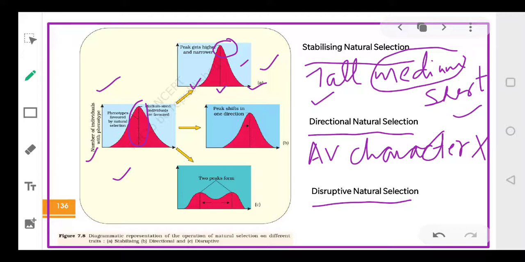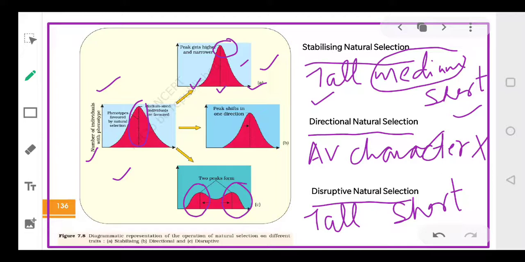Third is disruptive natural selection. In disruptive natural selection, both of your extreme conditions will be favored, meaning both tall and short will be favored, and that is why you will have 2 peaks. Both extremes of the characteristic will be selected.